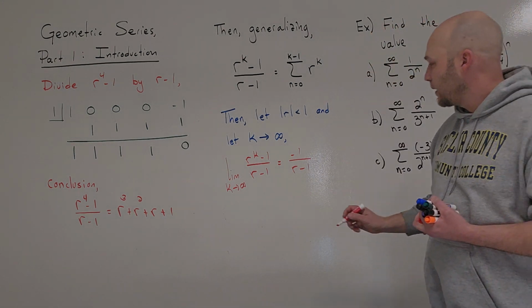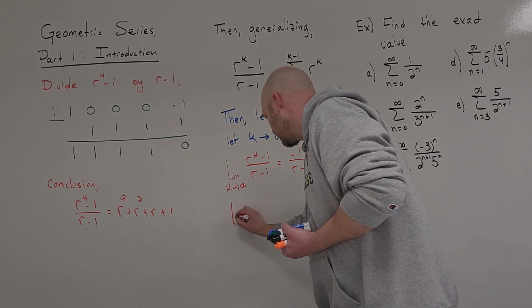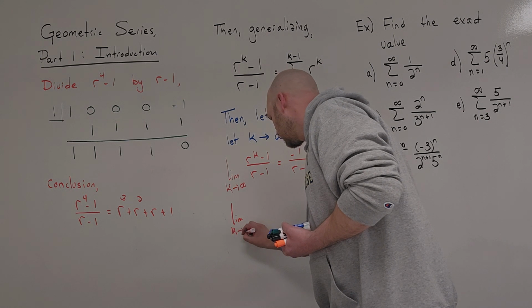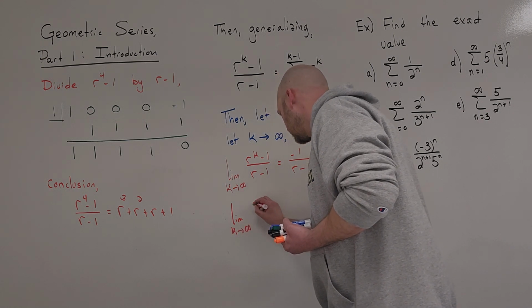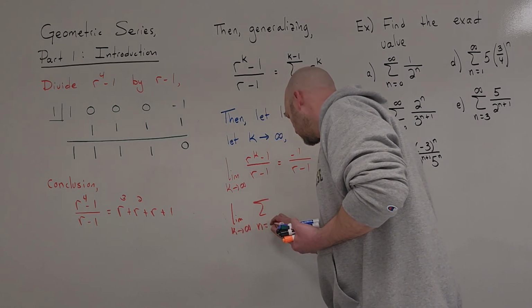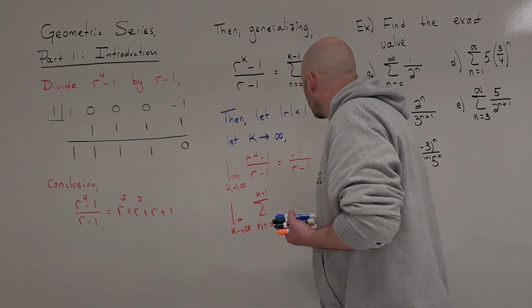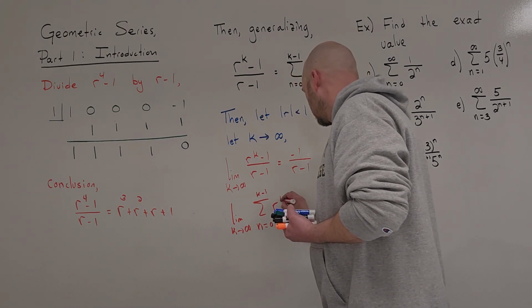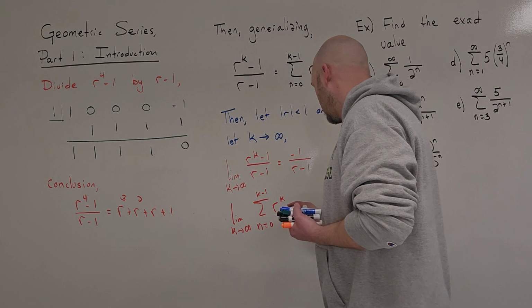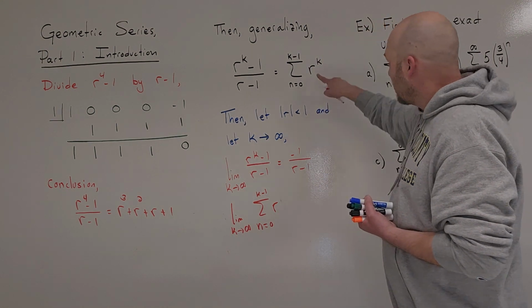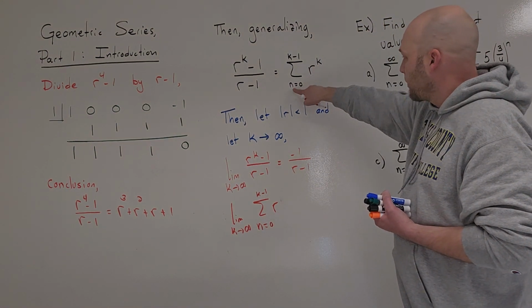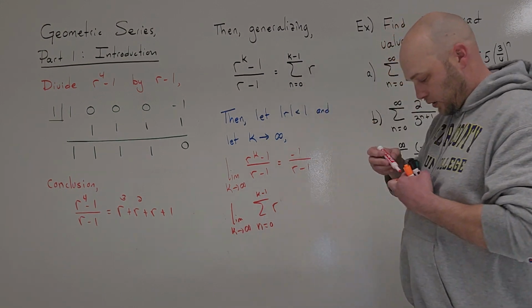And then if I take the limit on the right-hand side, nope, that should be r to the n. The index variable here should match this, so this should be r to the n. Sorry about that.